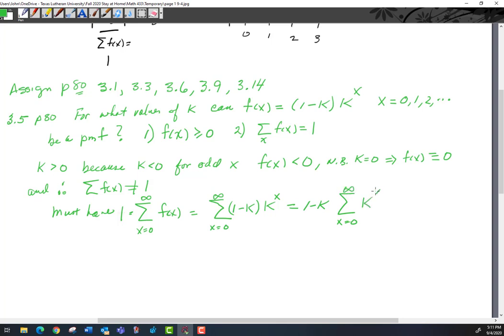k to the x, and that's a geometric series, an infinite series, and this converges to 1. Well, I've got this k subtracted from 1 out here in front.